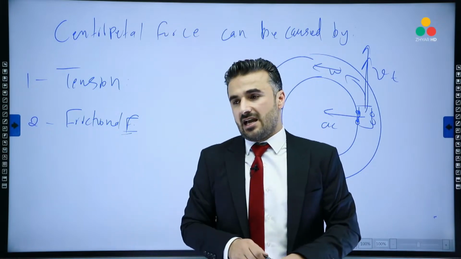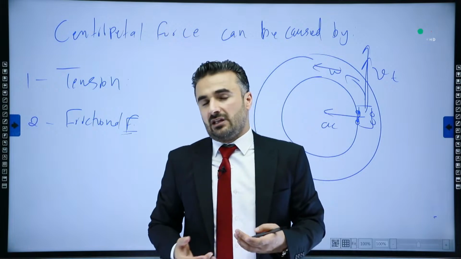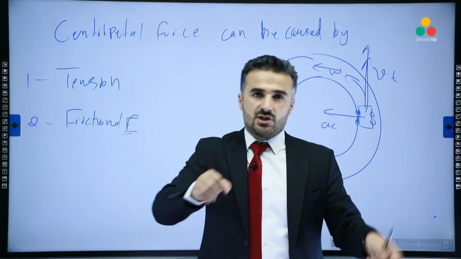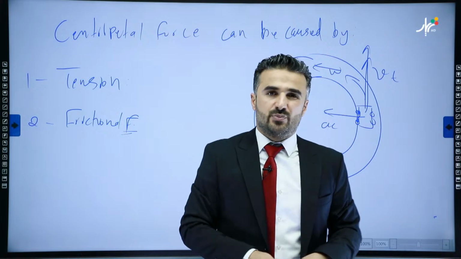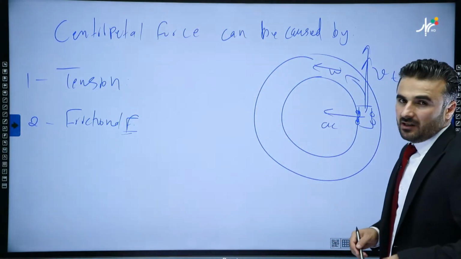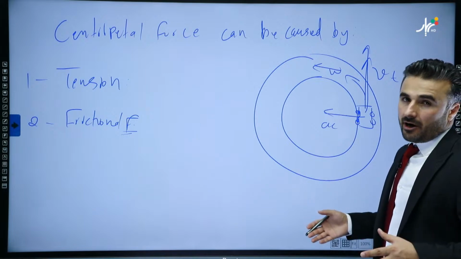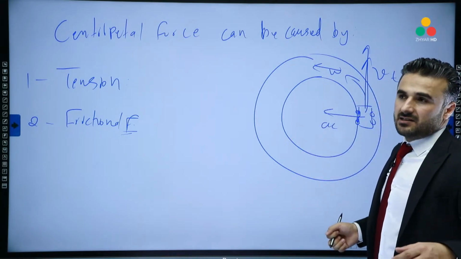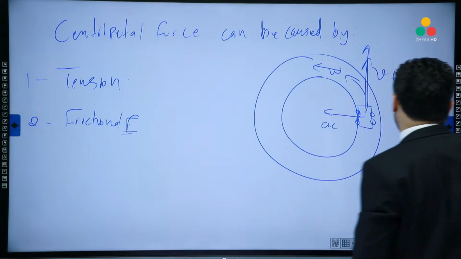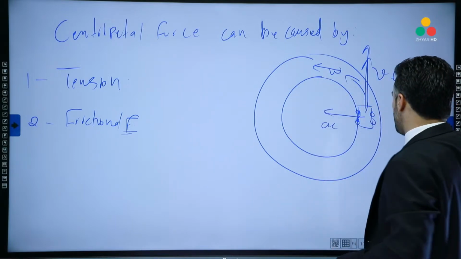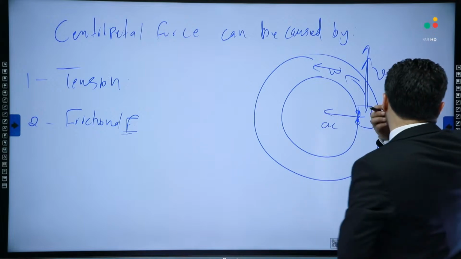It is the force of friction between the seat and the driver, the seat belt, and of course he's holding the steering wheel. That adds up to the friction between the car and the driver, so that the driver can continue moving in a circle inside the car.